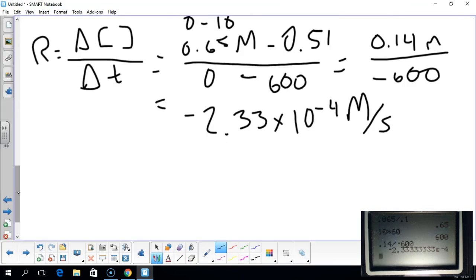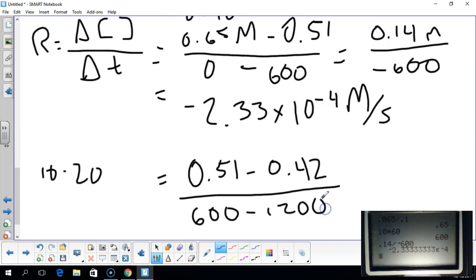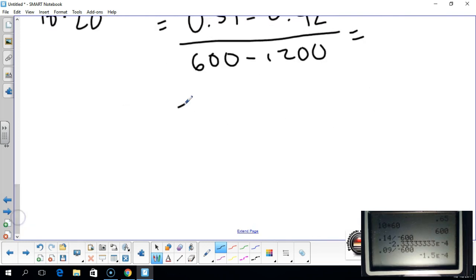Now we need to do the 10-minute intervals between 10 and 20, 20 and 30, and 30 and 40. For 10 to 20, this side is the 10-minute data and that side is the 20-minute data. Now we do the calculator again. Then we do the same thing for 20 to 30.